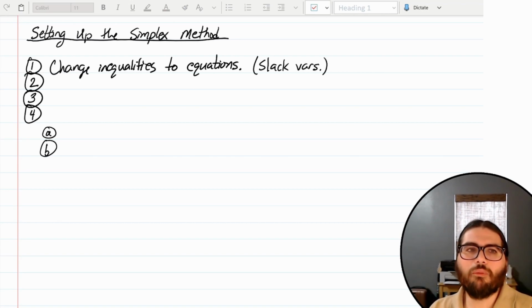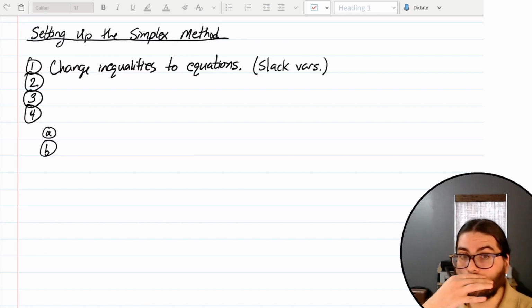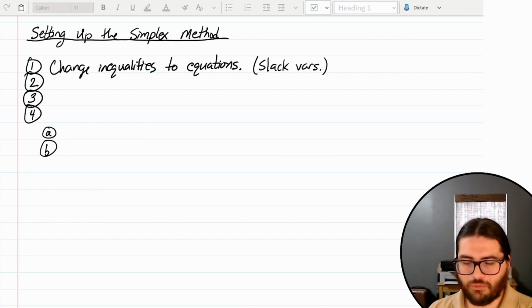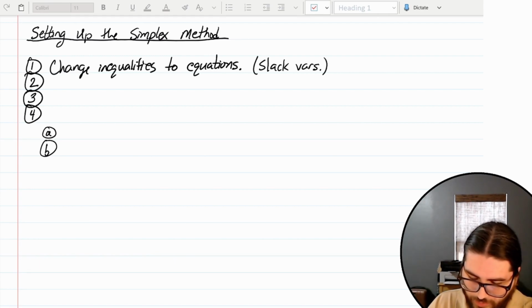Maybe we'll have a matrix with 9 or 10 columns and 5 or 6 rows. Ugh, nasty. Again, we're going to have computers to help us. I'm going to show you how to do that without breaking the bank and without buying like 17,000 pieces of paper. I'll change all those inequalities to equations.